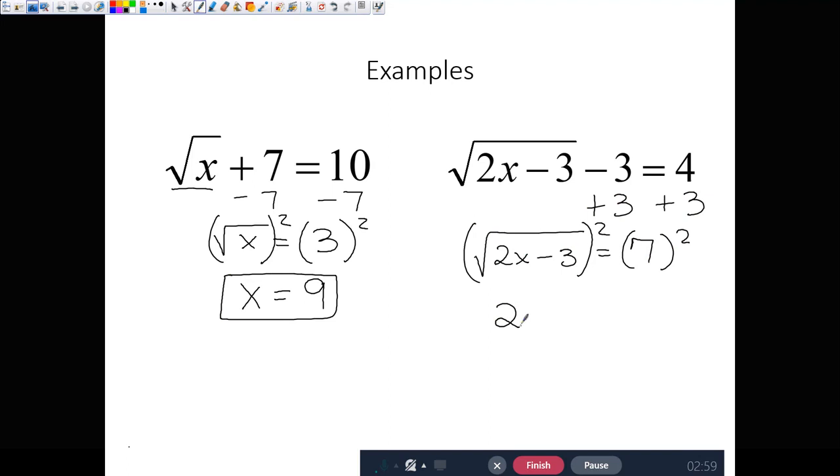So it's going to leave me with 2x minus 3 equals, and what's 7 squared? 49. Then I'm going to add 3 to both sides, giving me 52 equals 2x. Then I'm going to divide by 2, and x is going to equal 26.